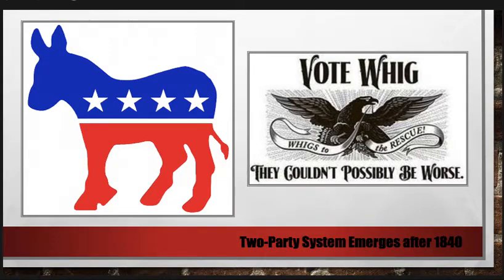So, obviously the Democrats are going to cling to states' rights and federal restraint on social and economic affairs, whereas the Whigs were Henry Clay, American System guys: internal improvements, protective tariffs, public schools, moral reforms, like prohibition of liquor. That was a Whig idea, okay?